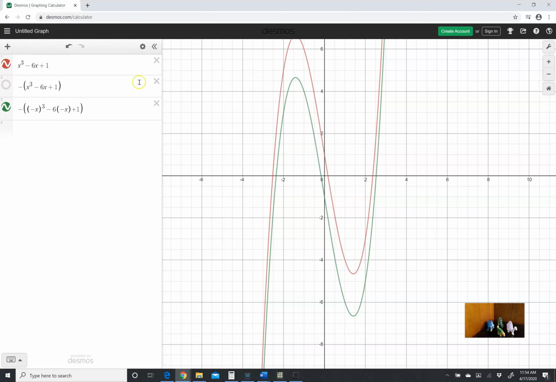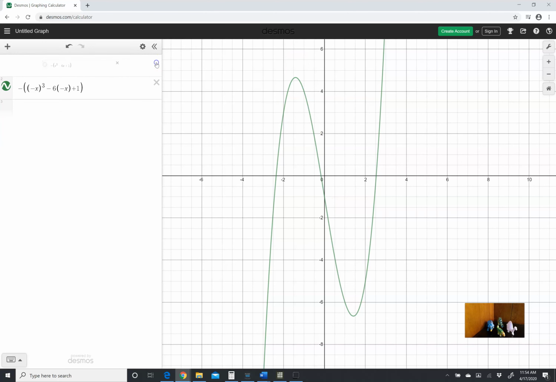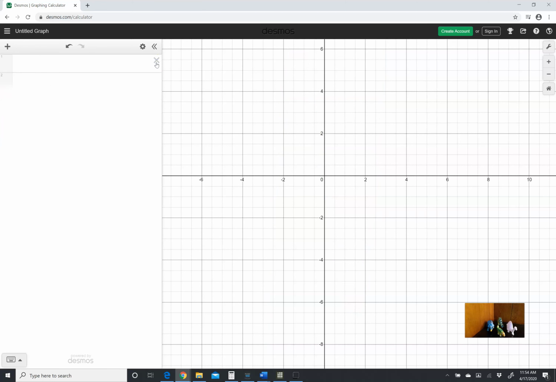Let's take the x plus 8 squared. Just so that you get used to seeing these different functions.